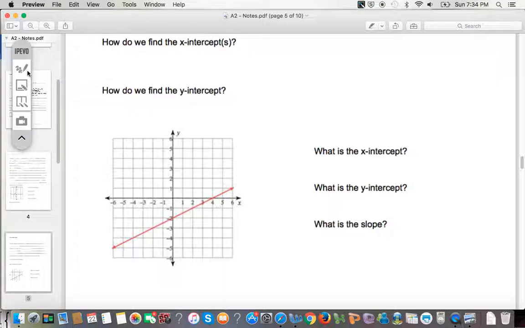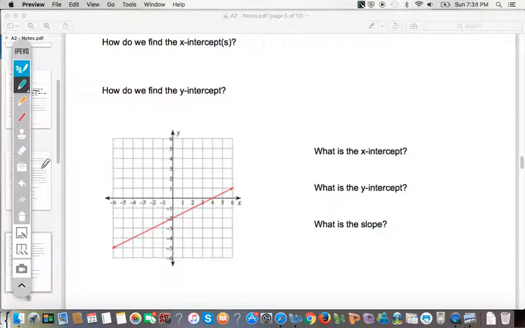So, how do we find the x-intercepts? Okay? So, we have two ways of doing this. One, we can look at the graph and see where our function crosses the x-axis.